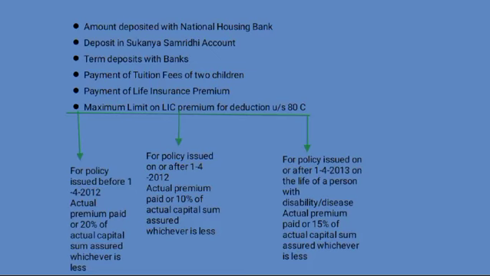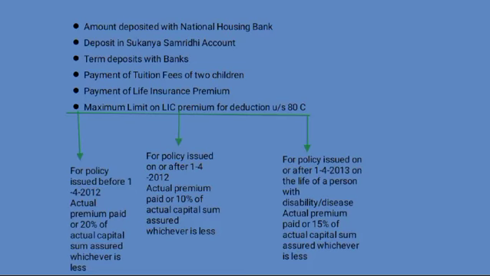Next, we have payment of life insurance premium. Actual amount of premium deposited by the assessee on his behalf or by his employer qualifies for deduction under section 80C. We have divided the policies in 3 categories.